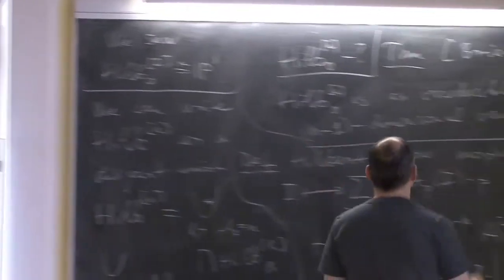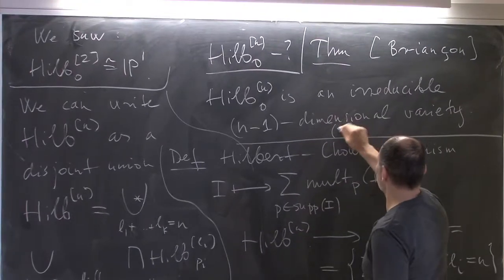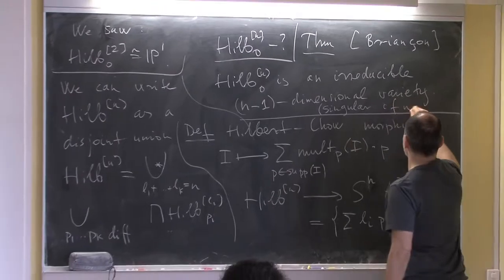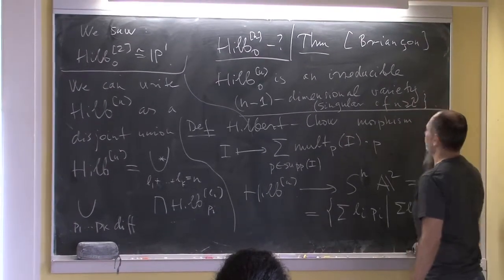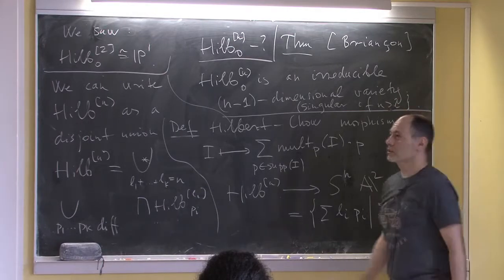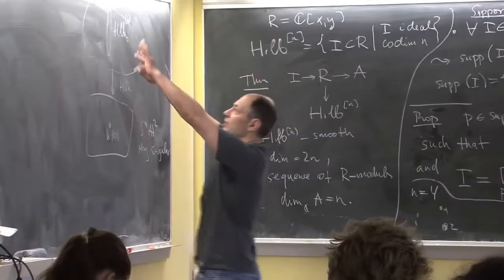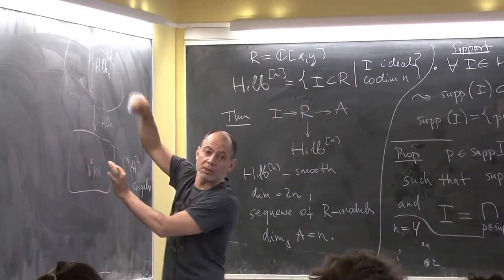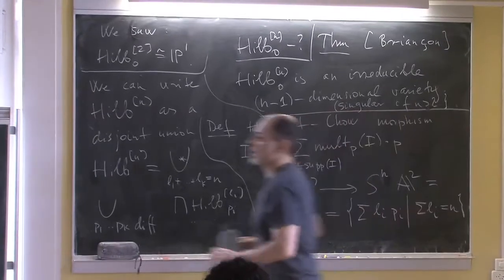The thing that's a little bit strange is that this is singular if n is strictly greater than 2. So even though the bottom thing is singular and the upper thing is beautiful and smooth, if you take a fiber here, it will still be singular. This is a little bit peculiar.